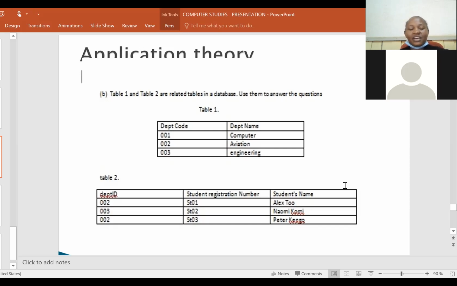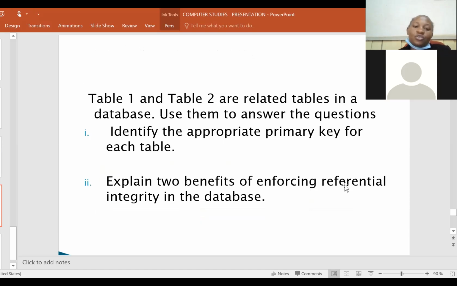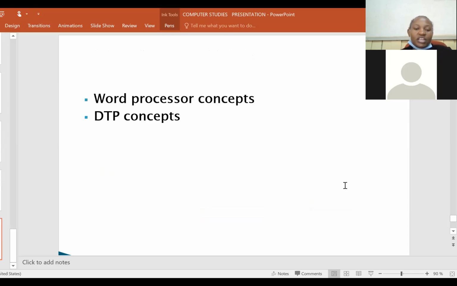One benefit is that no record can exist in table 2 without first existing in table 1. No change can be made to table 2 without it being made to table 1. It will also ensure that any change in table 1 is reflected in table 2. Those are the two benefits of enforcing referential integrity.